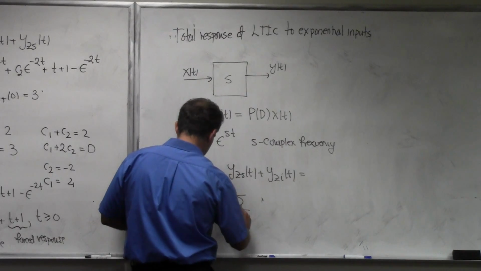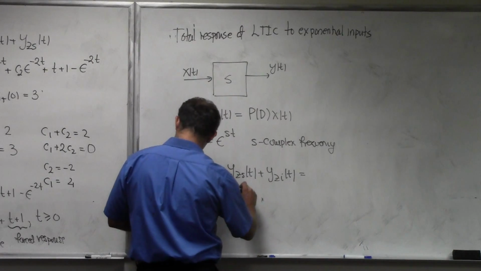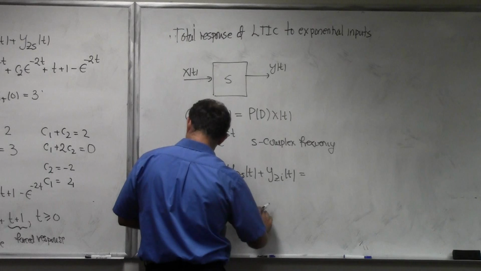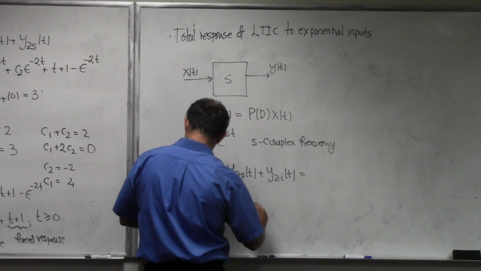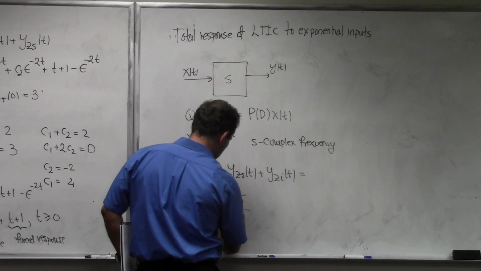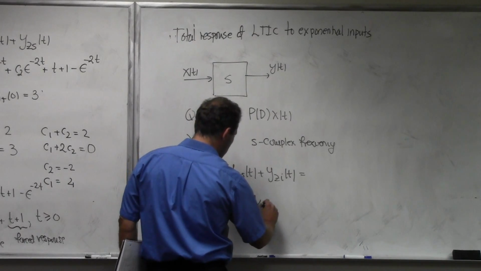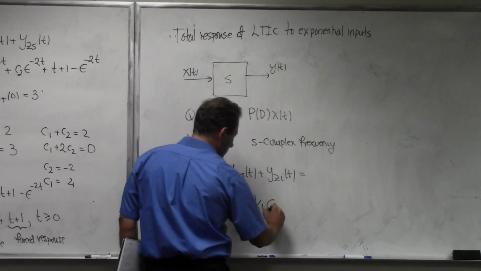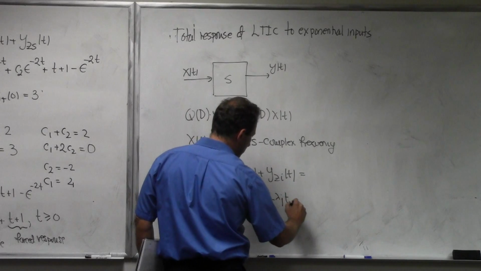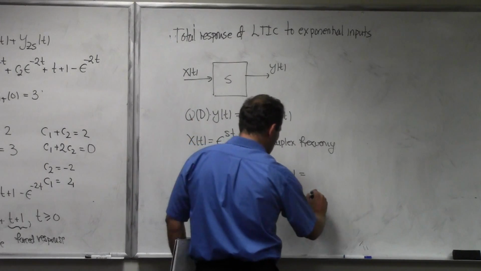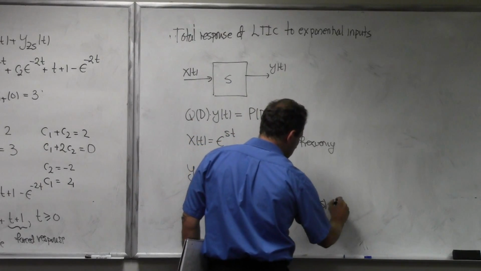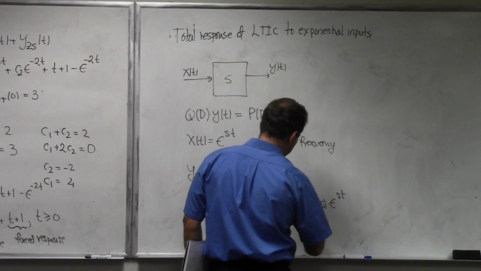Sum, when j goes from 1 to n, K j, some constants, e to the lambda j t, plus H of s times e to the st.